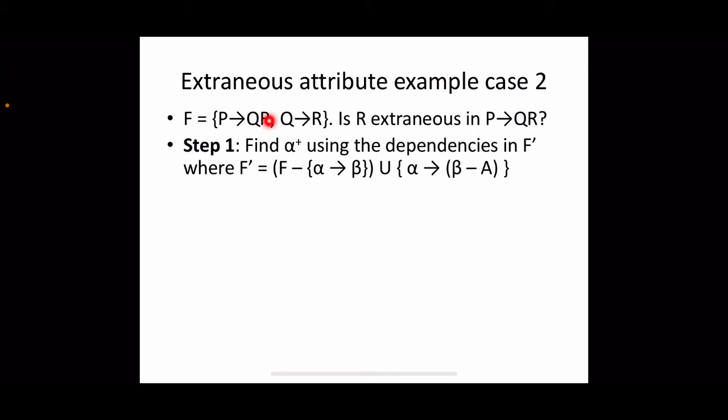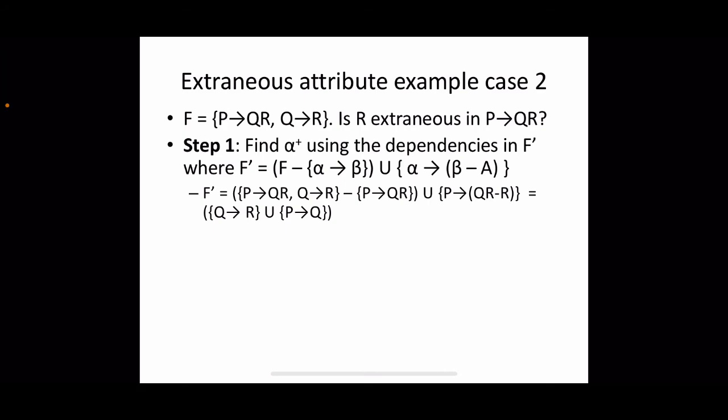A is R here, beta is QR here. So QR minus R is actually Q, right? So we are removing this P determines QR from this functional dependency set and we will add P determines Q into this, right? So F dash is actually Q determines R and P determines Q.